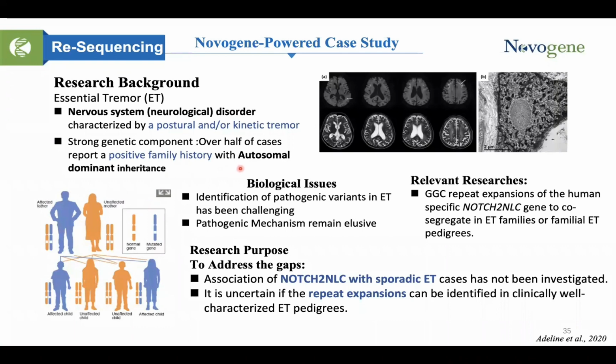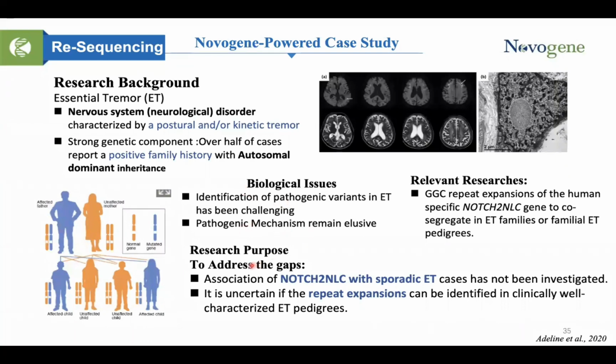ET is considered to have a strong genetic component, as more than half of cases report a positive family history. However, identification of pathogenic variants in ET has been challenging due to its clinical and genetic heterogeneity, variable expressivity, and a lack of pathological hallmarks.